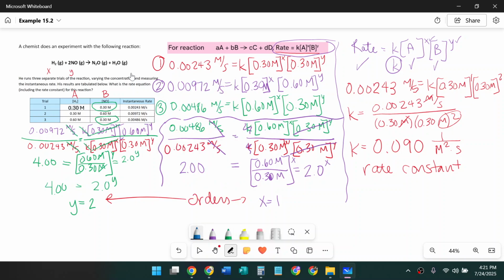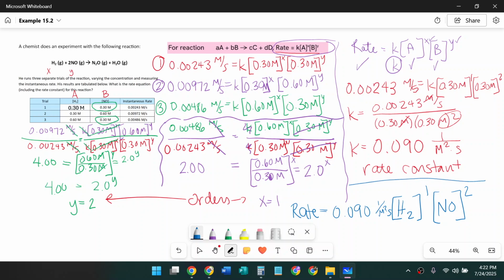So our rate equation is going to be rate, because that changes based on the concentration, equals k, which is the thing that we just figured out, 0.090 per M squared s, and then the concentration of H2, raised to x, which is 1, and then the concentration of NO, raised to 2. So there is our final rate equation, and that's the answer to the question.